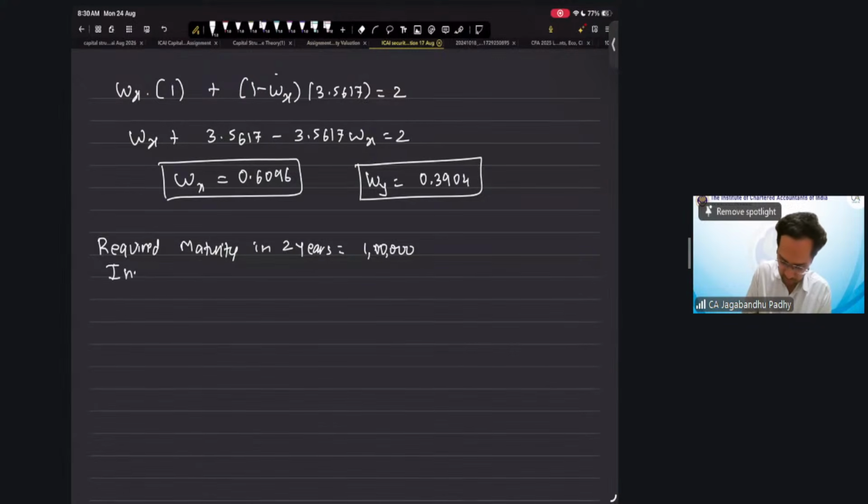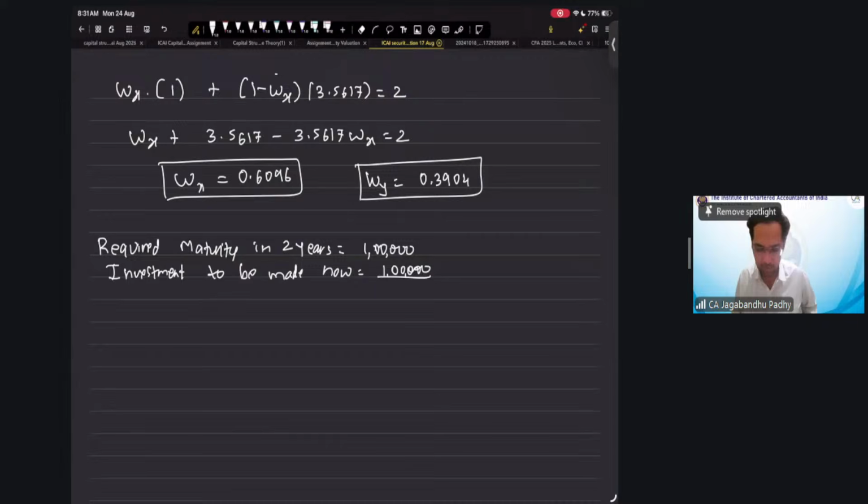So how much investment should be made now? It's going to be 1 lakh divided by the ongoing YTM.